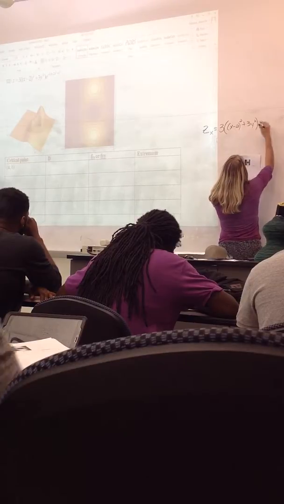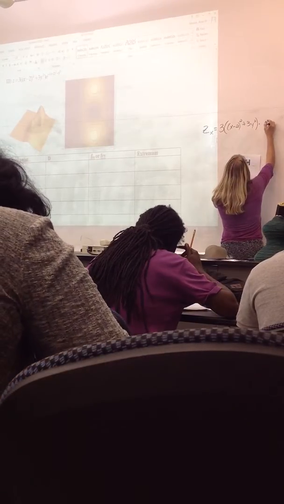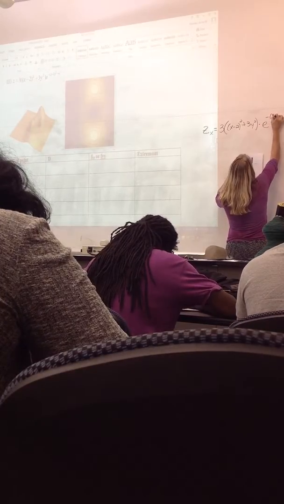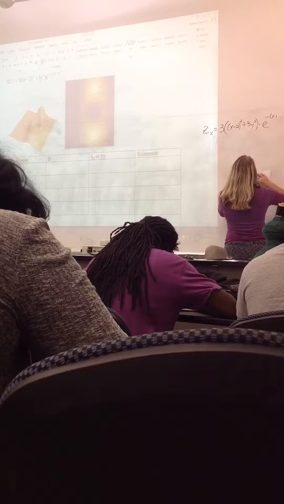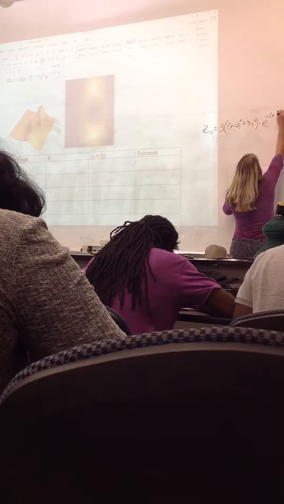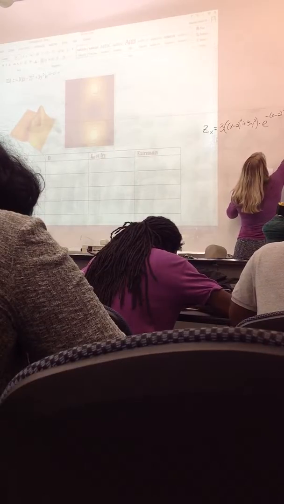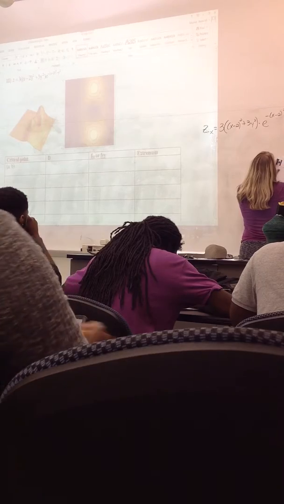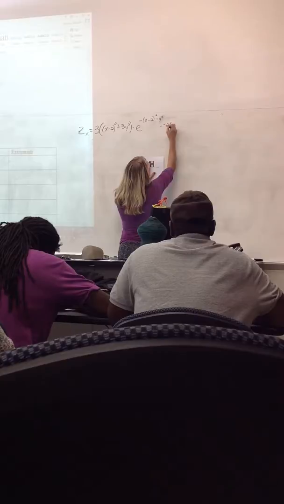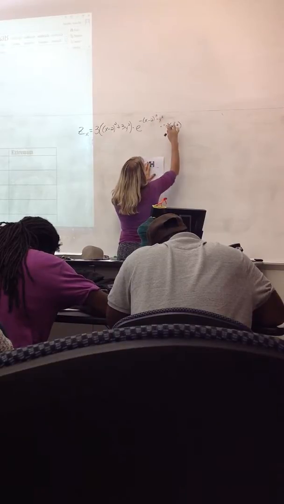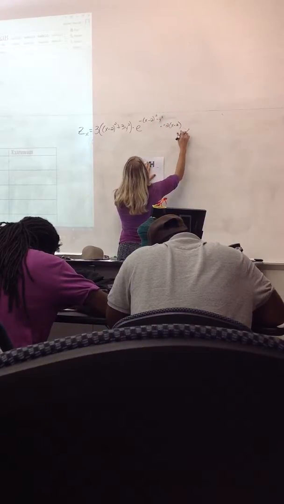Okay, so first times derivative of the second with respect to x is going to be e, and the derivative of e is itself. And then the derivative of the inside is negative 2x minus 2.